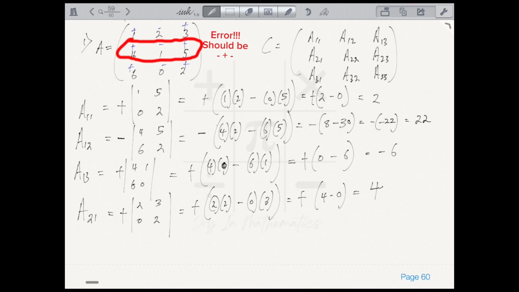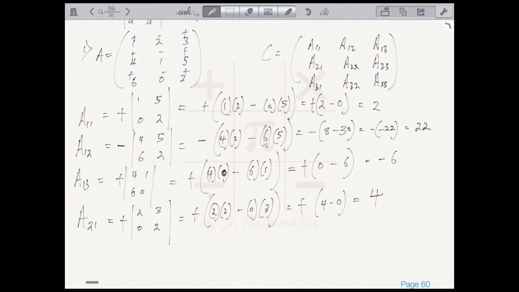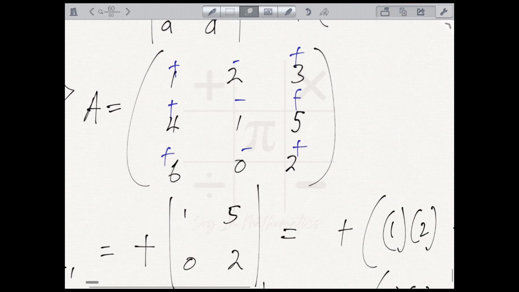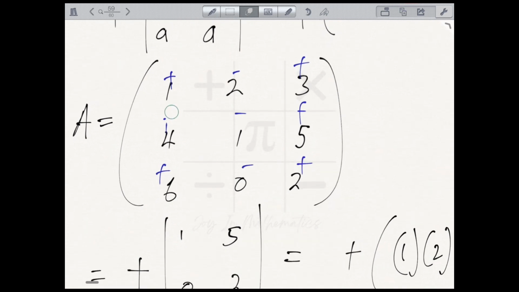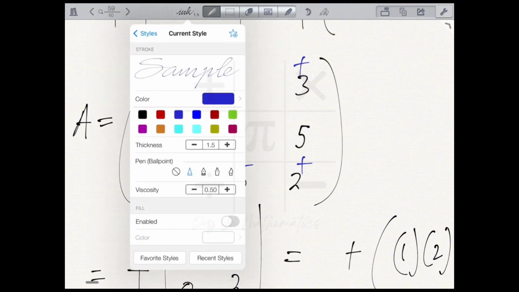Okay, now there is a mistake, a big mistake. I know you must have observed it. The place signs on the second row are wrong. The place signs on the second row should be negative, positive, and negative. Let's use a blue ink.